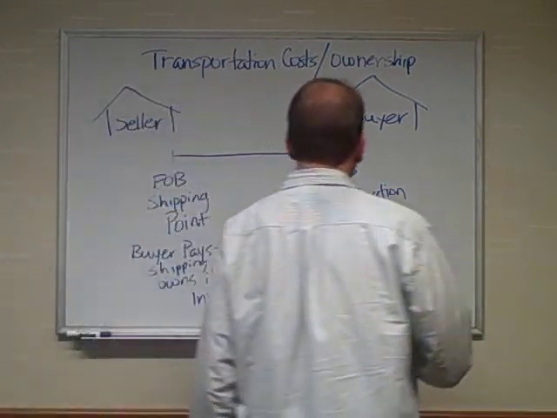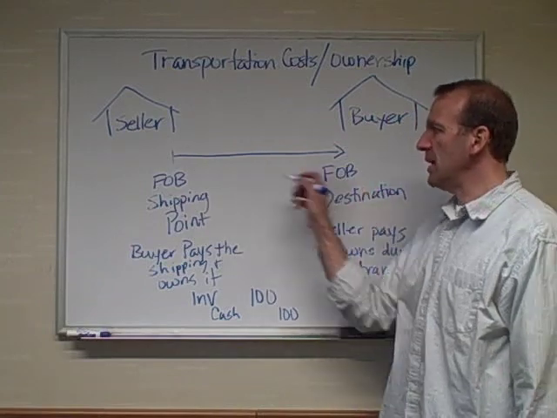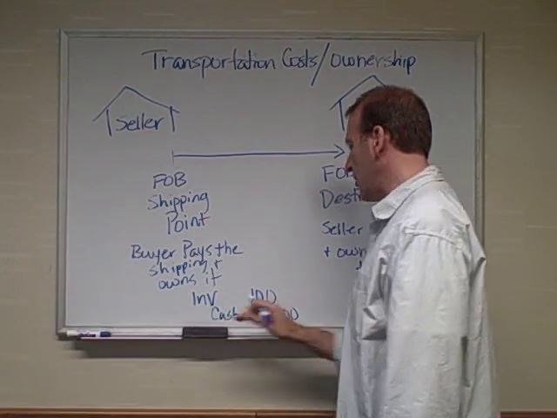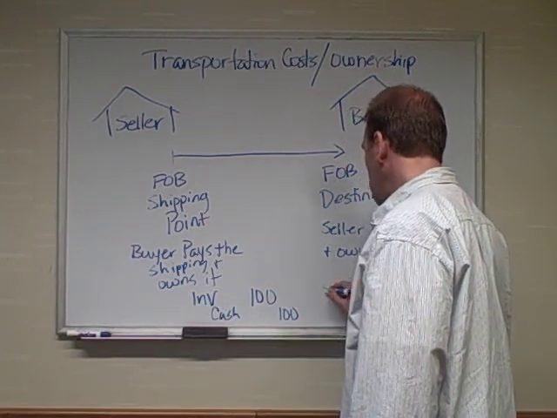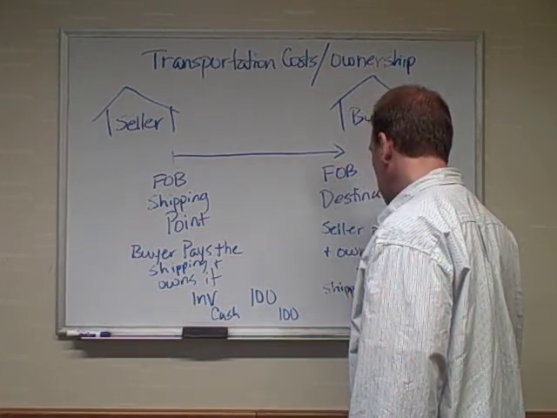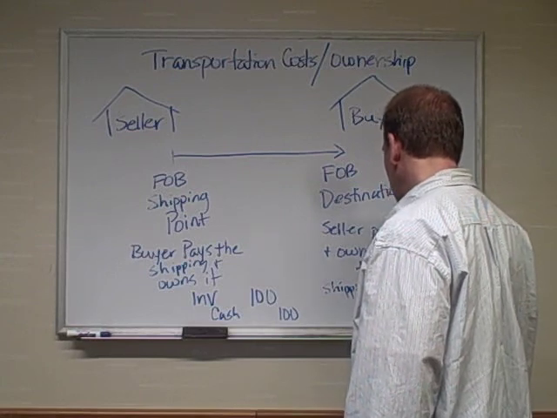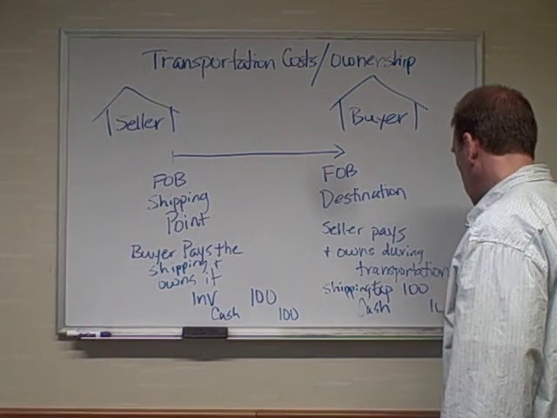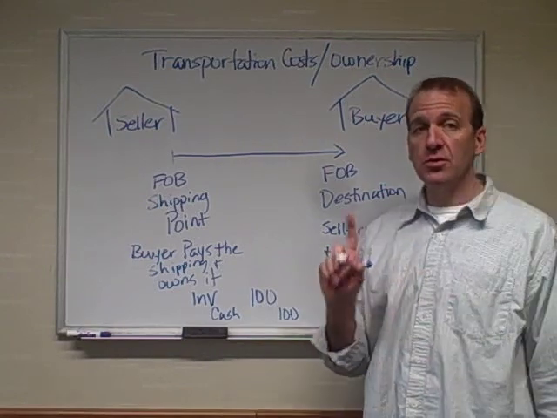Now, if it's FOB destination and the seller is shipping this, then if the seller pays the $100 for shipping, it would be a shipping or selling expense, some sort of shipping expense for $100, and then they would pay cash, okay? So notice that there is a different journal entry.